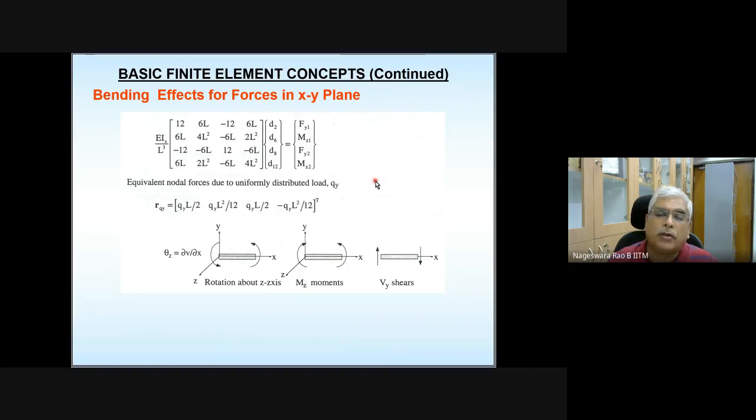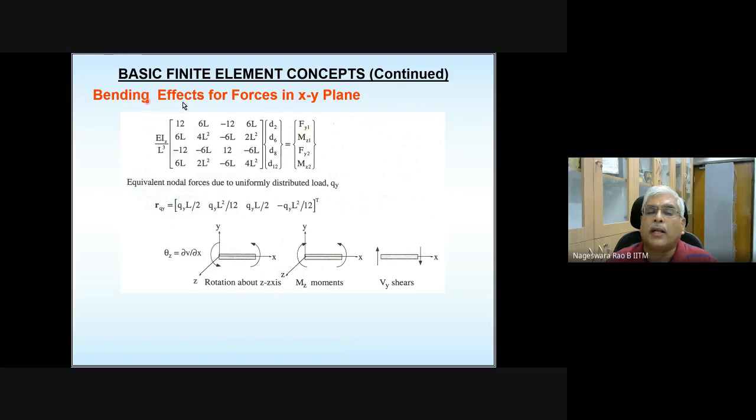And also you need to go back to the sign conventions, you need to follow whatever sign conventions we noted, okay, for internal moments and shears and also axial forces. All those sign conventions you need to carry forward, because we are using same element equations as that we used for beam element.